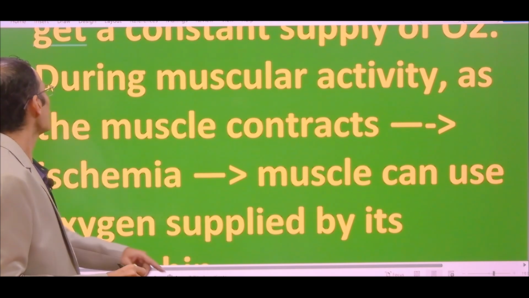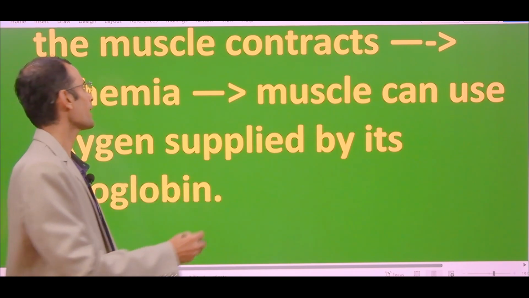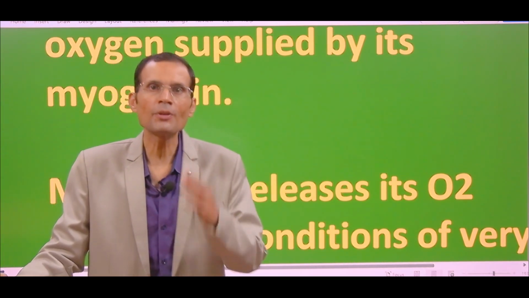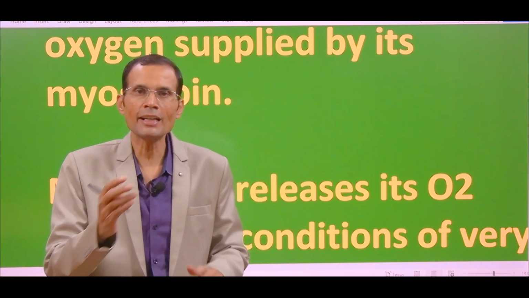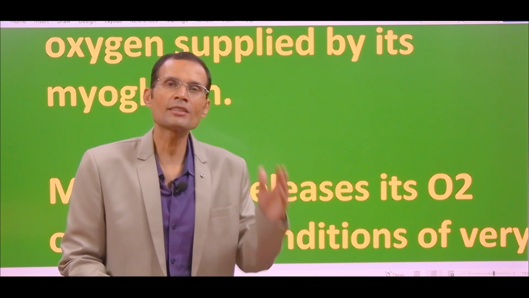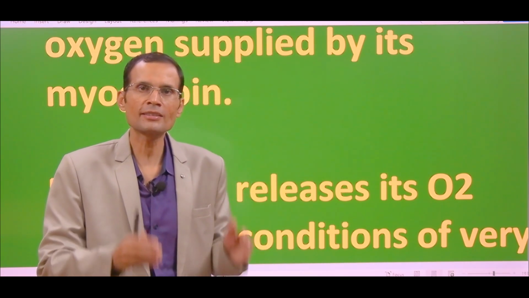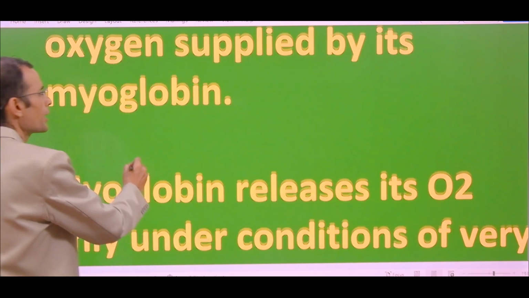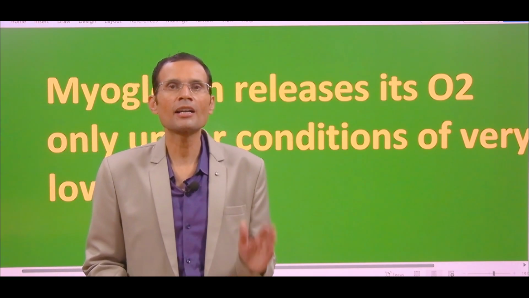So during muscular activity, as the muscle contracts, ischemia occurs, and the muscle can use oxygen supplied by its myoglobin. So even if there is less delivery of oxygen because of the intermittent contraction of the muscle and compression of the blood vessels, the muscle still has a good enough store of oxygen, and that is thanks to this unsung hero, the myoglobin. So I repeat, myoglobin is an unsung hero.